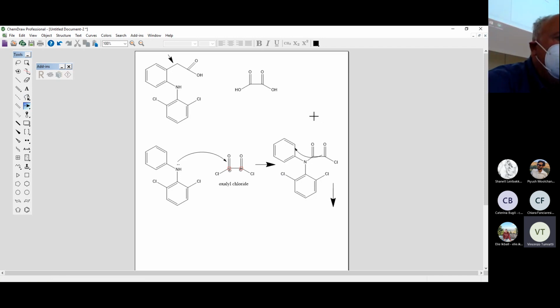If you remember, Friedel-Crafts reactions are performed with a catalyst, aluminium trichloride normally, and we can have the acylation of an aromatic ring.